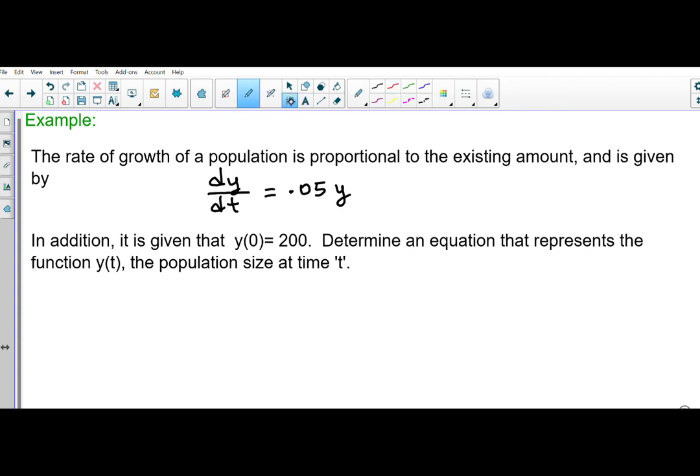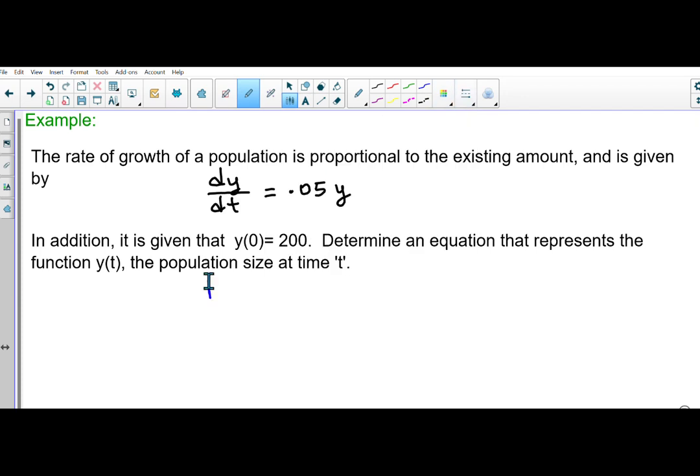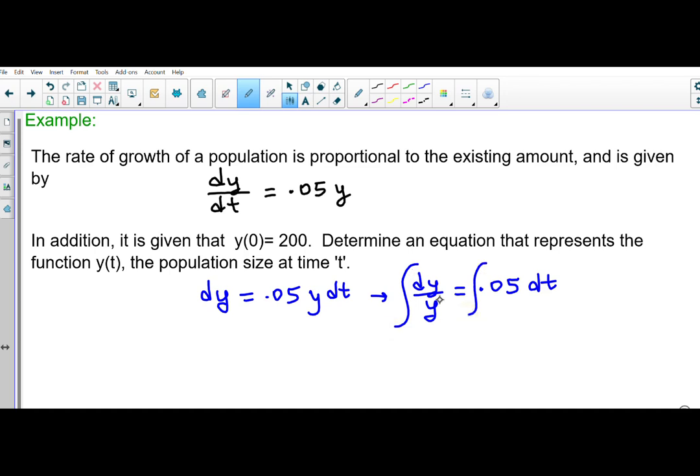So let me multiply both sides by dt. So dy equals 0.05 times y times dt, and at the same time you can also divide both sides by y. That way all the y's are on the left now and the t's are on the right. And at this point we're going to integrate both sides to get rid of the derivatives and try to solve for y.